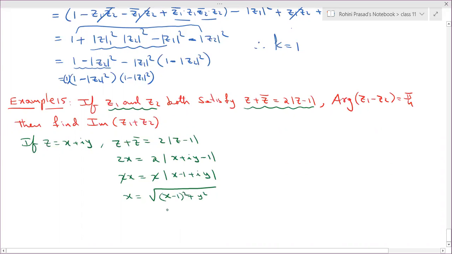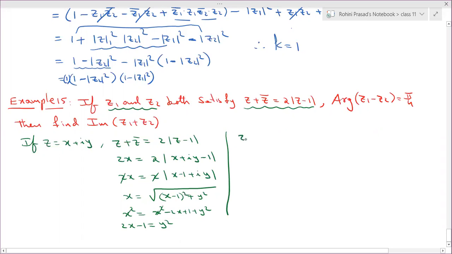So this is the modulus. If you simplify this, x square equal to x square minus 2x plus 1 plus y square. So the x square gets cancelled, 2x minus 1 equal to y square.